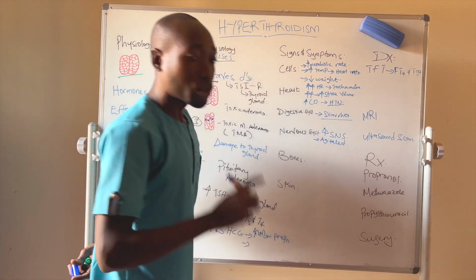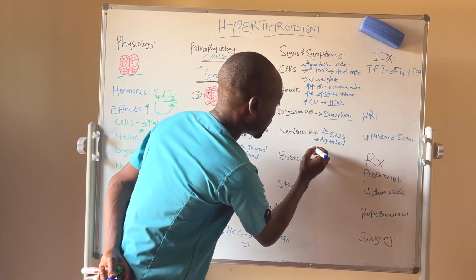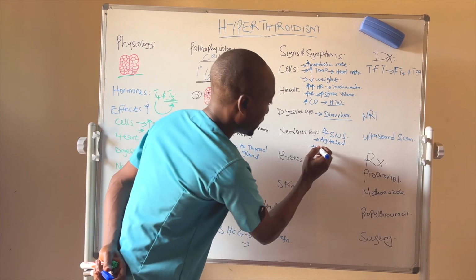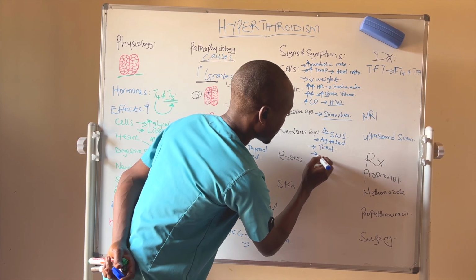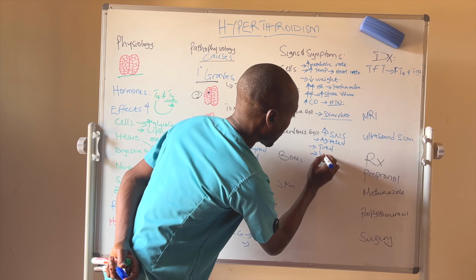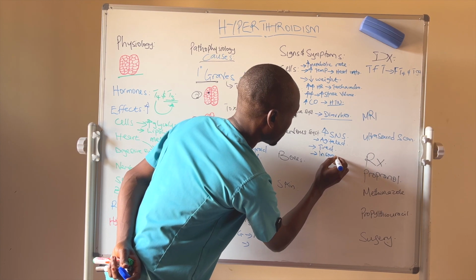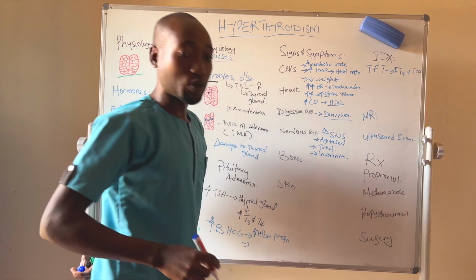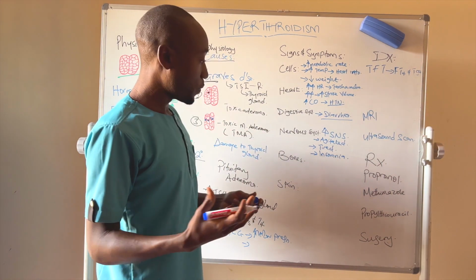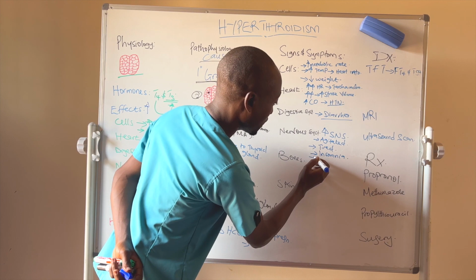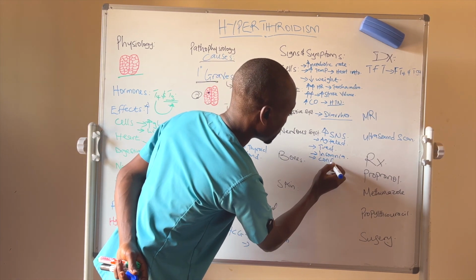Okay? Two, this person is always tired, but is also having what we call insomnia, or what we call failure to sleep. You feel tired, but then you cannot sleep. And if it becomes worse, someone can even become confused, okay?